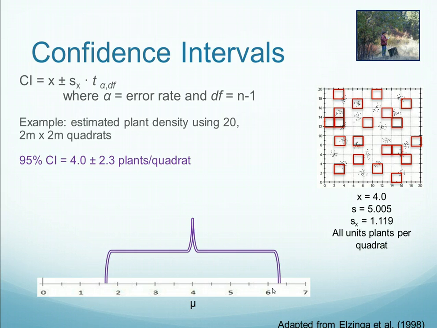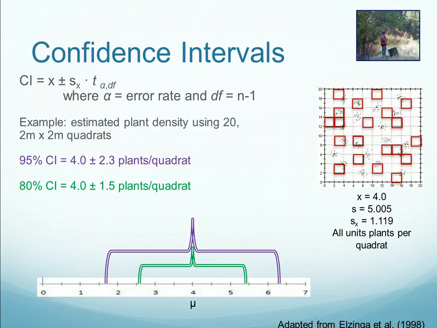We are also saying there's a 5% chance that our sample mean does not fall within this bound, and we're willing to make the wrong inference.